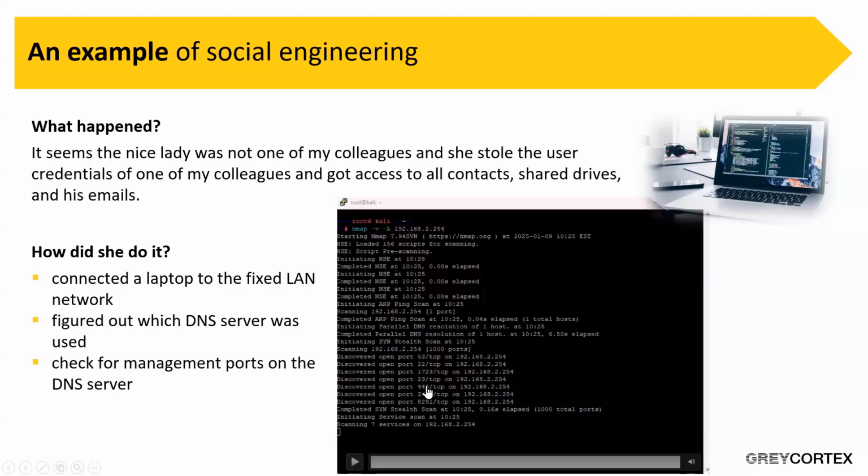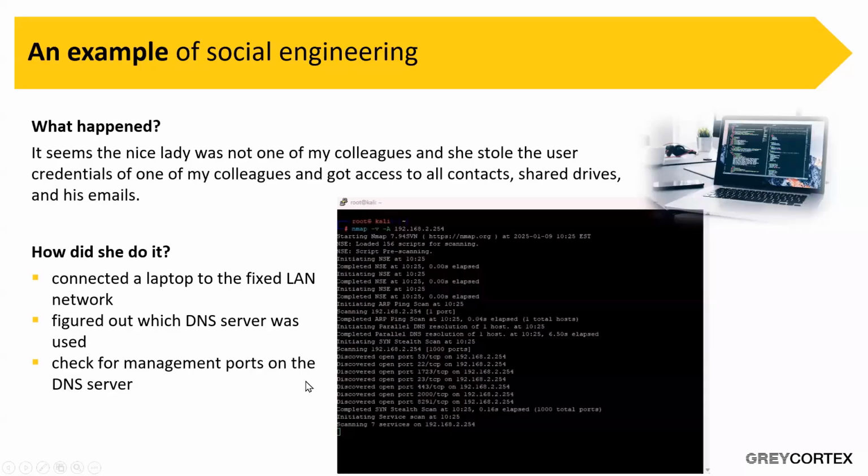Port 443 was open, also used for tunneling. And port 2000 was open, and 8291, which is the management port for MikroTik devices, for example.